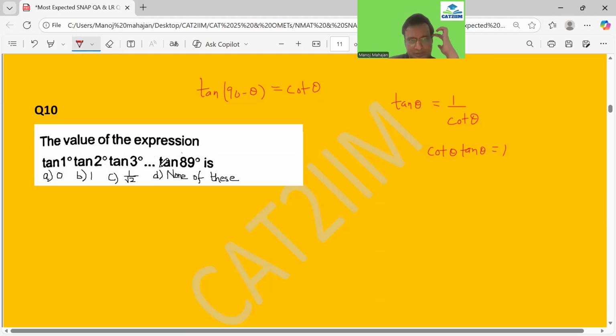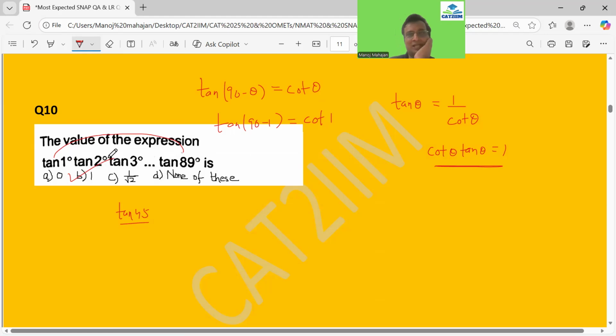So if you look at this tan 89, can I write it like this, tan 90 minus 1? So this would be nothing but cot 1. So what I'm trying to say is that tan 1 degree into cot 1 degree would be 1. Tan 2 degree into cot 2 degree would be again 1. So if I keep doing the product, it will come out to be 1 pairwise. And in the middle, you would have what? Tan 45. I won't be able to make a pair of tan 45, but tan 45 is 1. So ultimately, the answer would be option B.